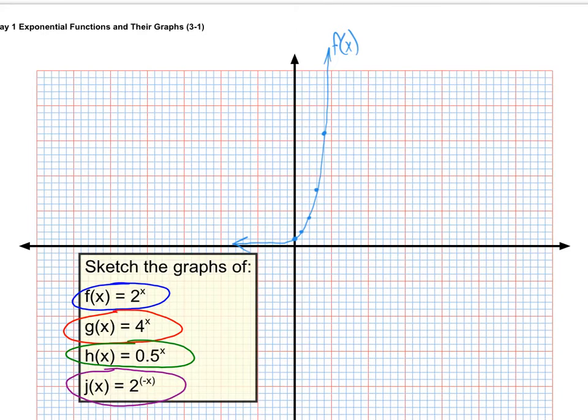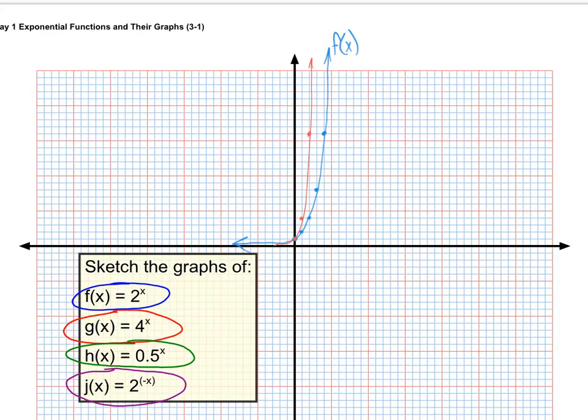So, now our y-intercept is going to be what? Yeah, 0, 1. But now we have the points 1, 4, 2, 16. Once we get to 3, we're up to 64, so it's way off of our graph.